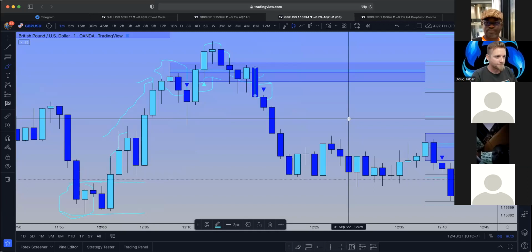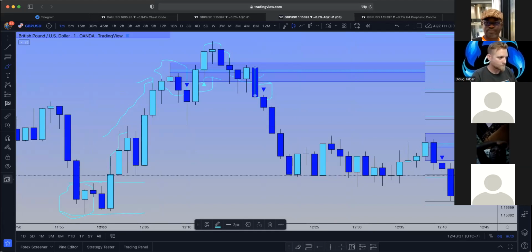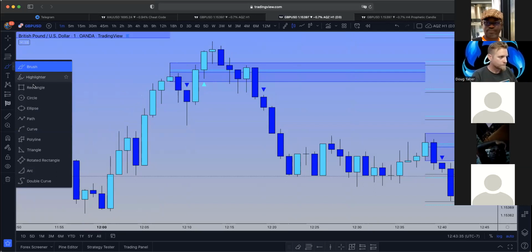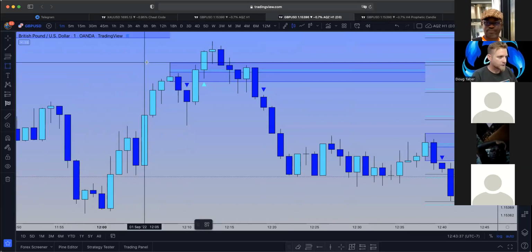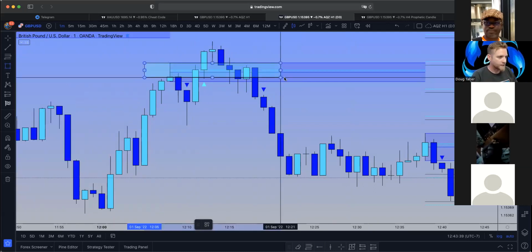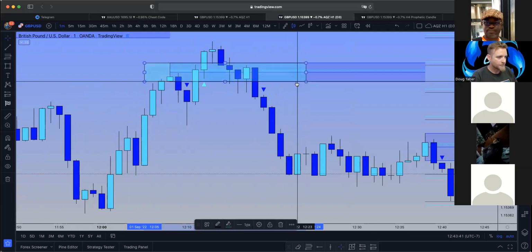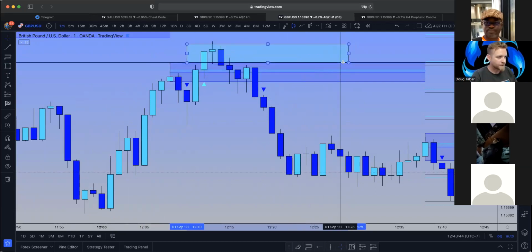All right. So you can basically take your trade there and put your stop loss above the AQZ zone. Yeah, so measure your AQZ block, throw it on top.